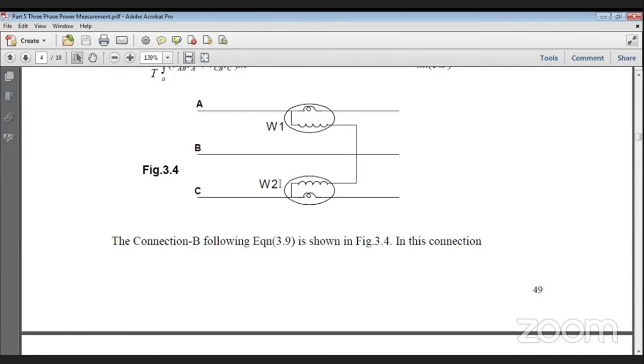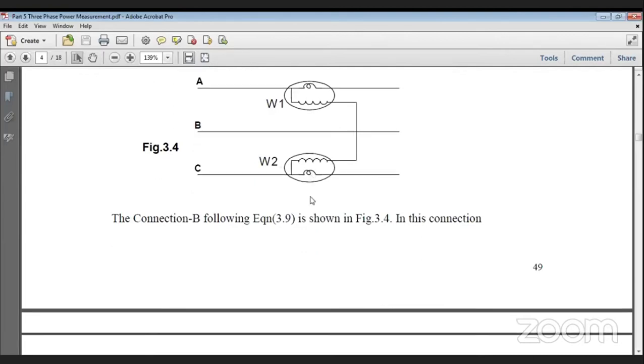And if you take W1, it will be AB, not BA. So what is the potential across W1? AB. That means VA minus VB. What is the potential across W2? VCB. That means VC minus VB. And what is the current? IA and IC. So look at the phasor diagram now. Exactly that is being shown.